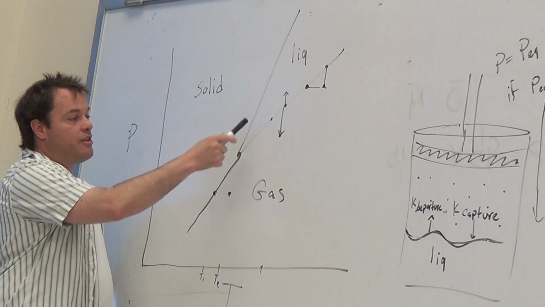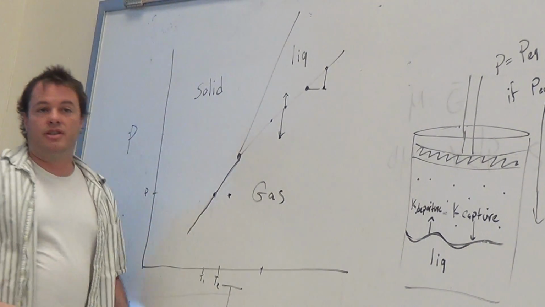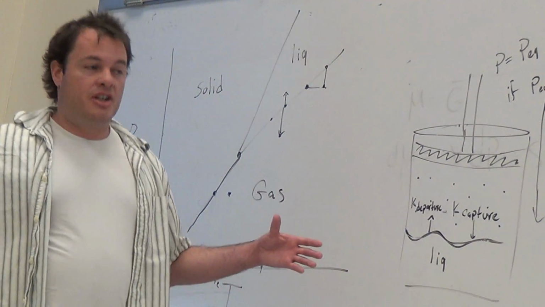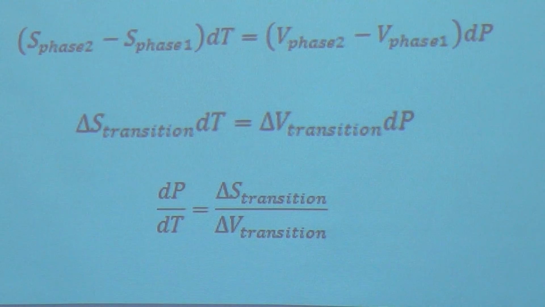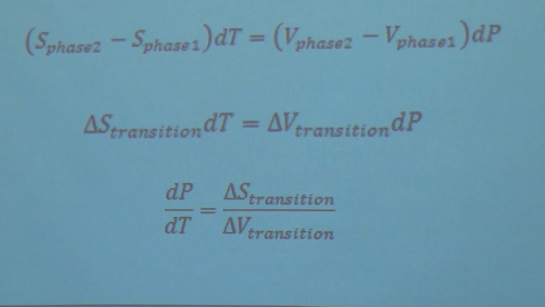So delta V for a liquid to gas transition or solid to gas transition is so significant that it ends up decreasing the slope of that line relative to the slope of the solid to liquid transition.